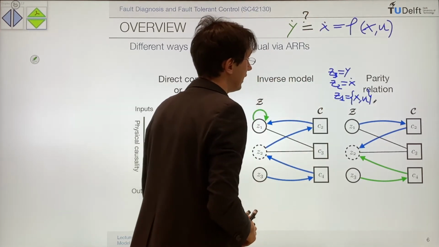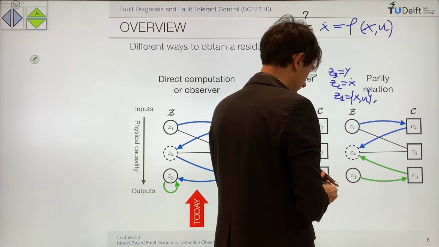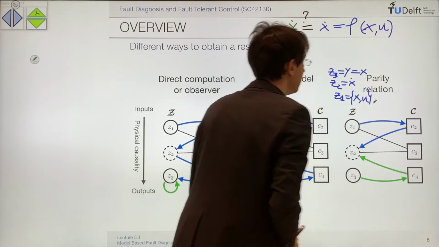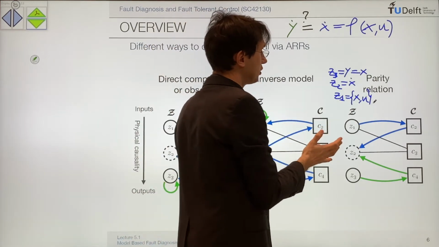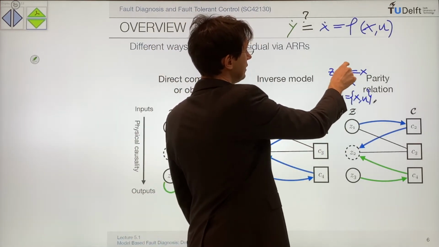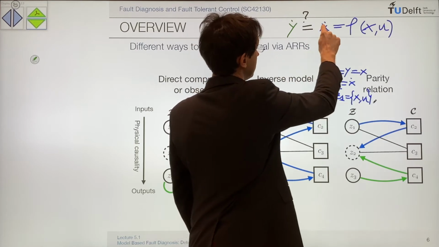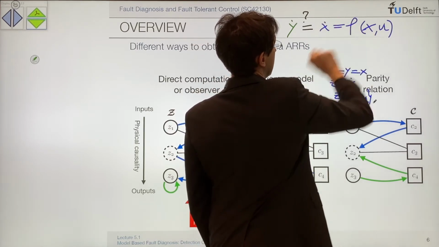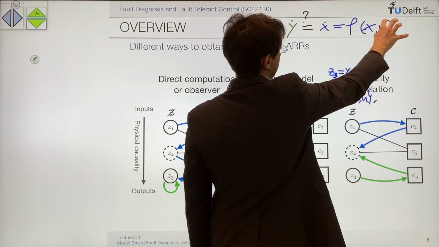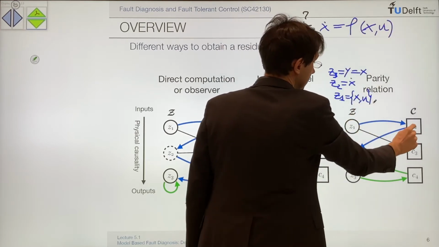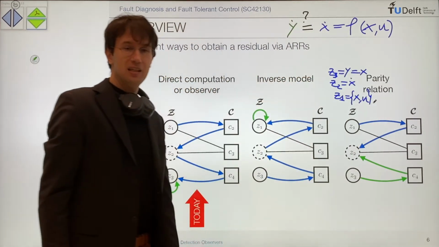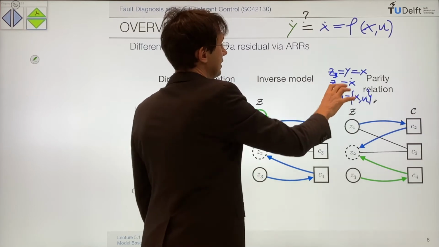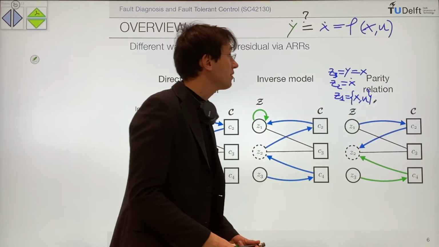Because if we assume that the measurement y is indeed equal to the state, a simplifying assumption, then in theory you should be able to take y, compute the derivative, and this is going to be the derivative of the state, and this should be equal to the dynamical function f that you computed in the direct path. Using this decomposition of variables, we can in some way understand what parity relations are doing.